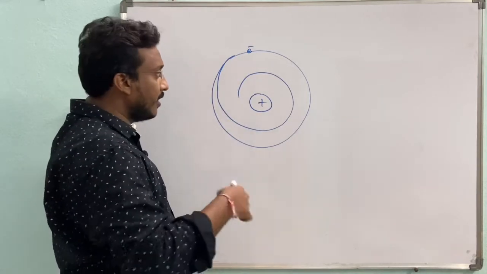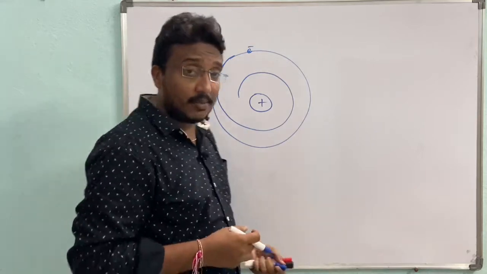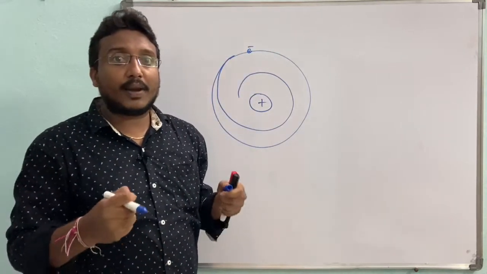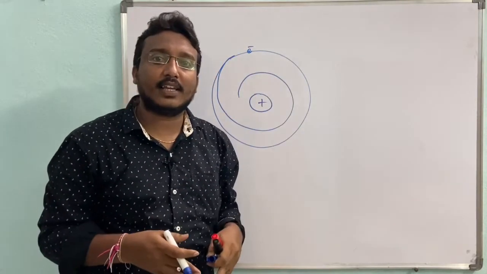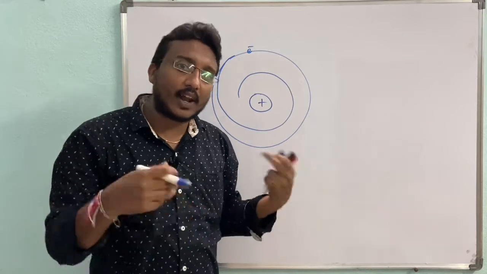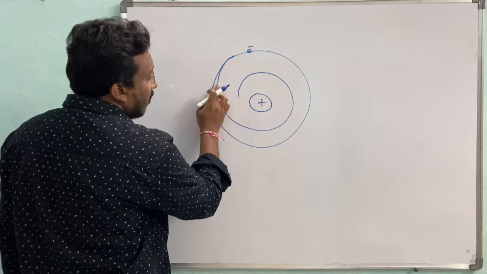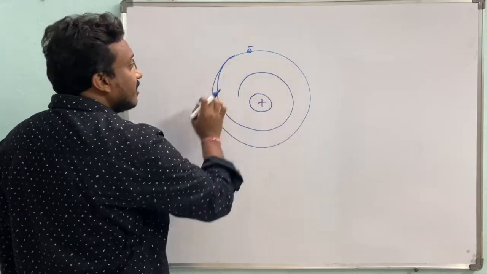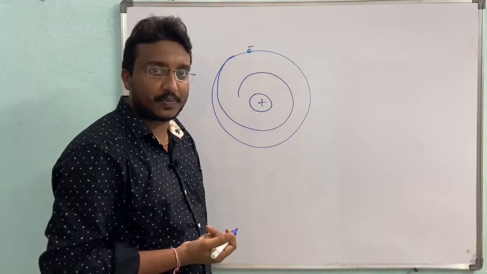For example, if we play a game continuously from morning to evening, we lose our energy. Like that, if an electron is also revolving continuously, the electron also loses its energy.